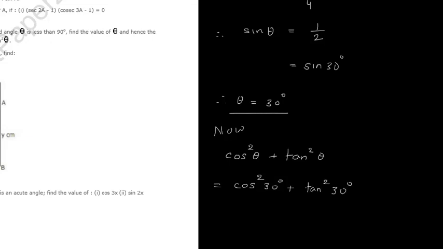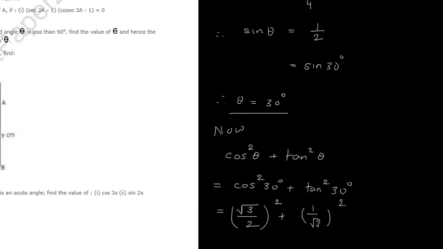Now cos 30 is root 3 upon 2. So this is root 3 upon 2 the whole square, plus tan 30 is 1 upon root 3. So this is 1 upon root 3 the whole square.